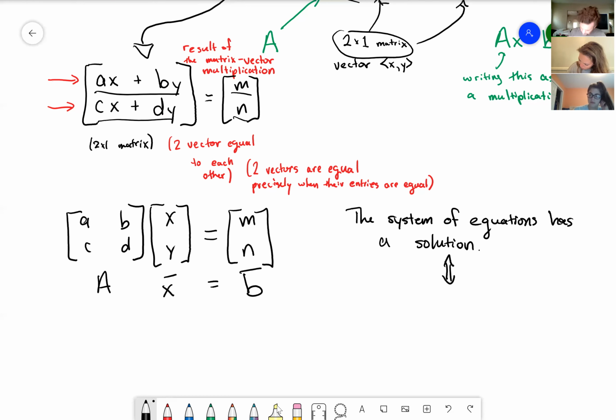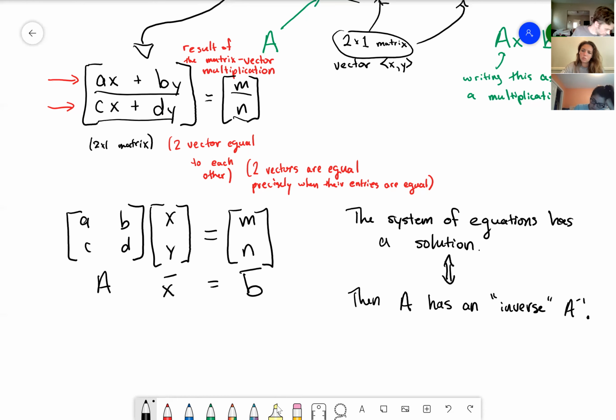If this system of equations has a solution, then A has what we'll call an inverse. And we'll write it as A to the minus 1. So if the system of equations has a solution, then A has an inverse. And if A has an inverse, the corresponding system of equations has a solution. So we're going to take this fact of the system of equations having a solution, and we're going to summarize it in this object, which we call the inverse of a matrix.